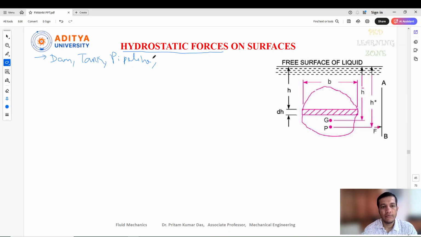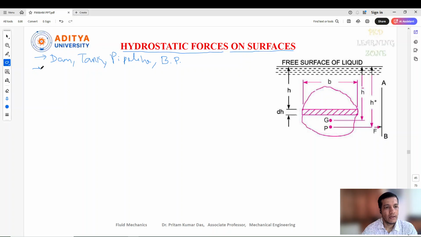In the medical field we can apply this concept too, for example the blood pressure of blood flowing in our body. These concepts are used in hydrostatic forces, which apply to different surfaces.